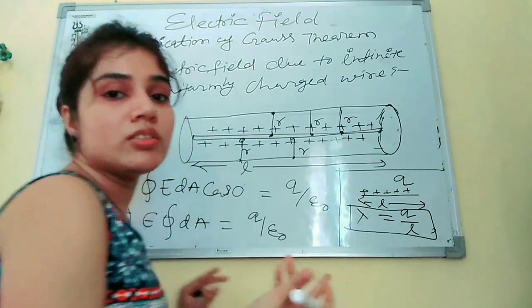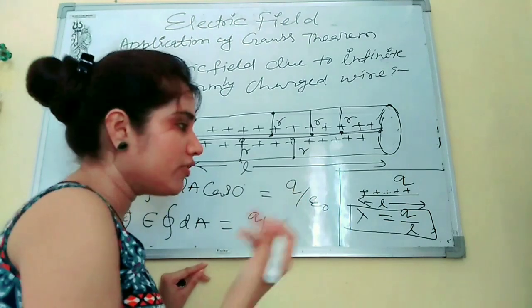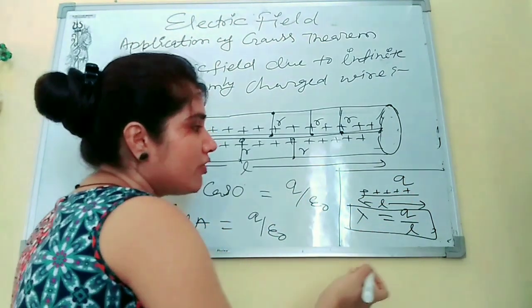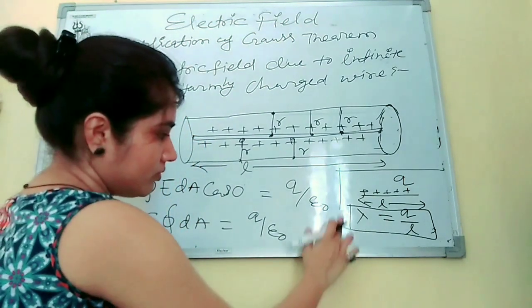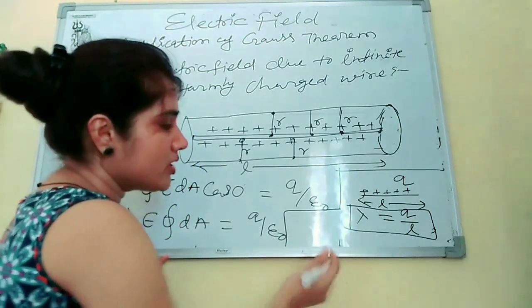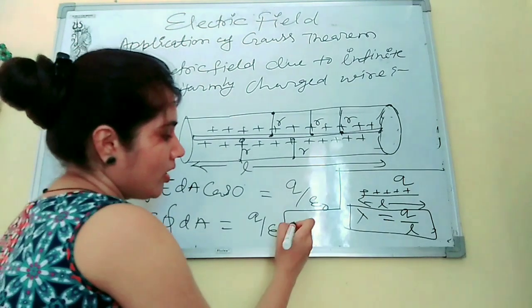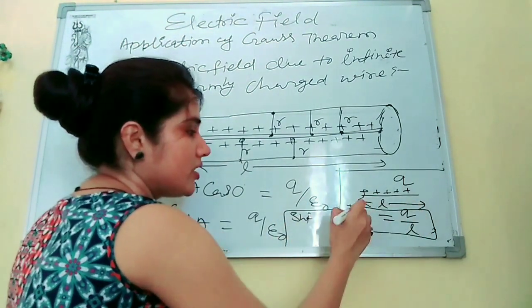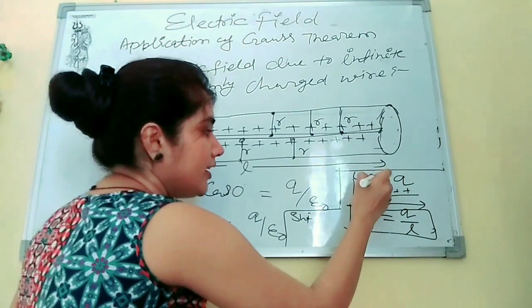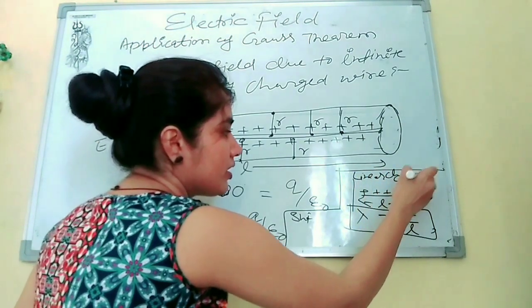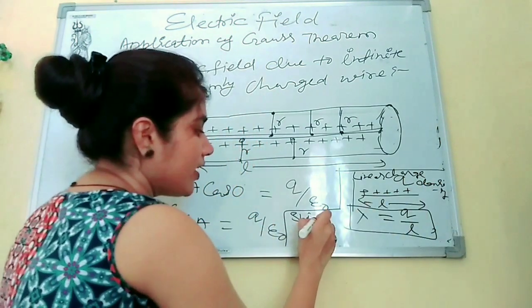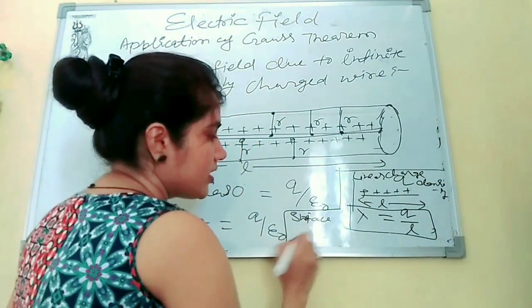Suppose there is a surface charge density. If we want to find it for any surface, there is another formula. This is linear charge density, just note it here, and this is surface charge density.